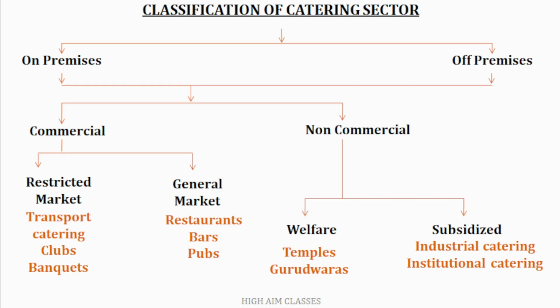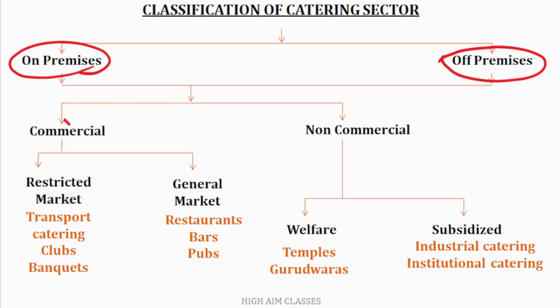So now we can see the classification. Now you can understand it better. As we have discussed, on premises is where the food is cooked and served at the same place. Off premises is where the food is cooked at a different place and transported to a remote location to be served, like outdoor catering.